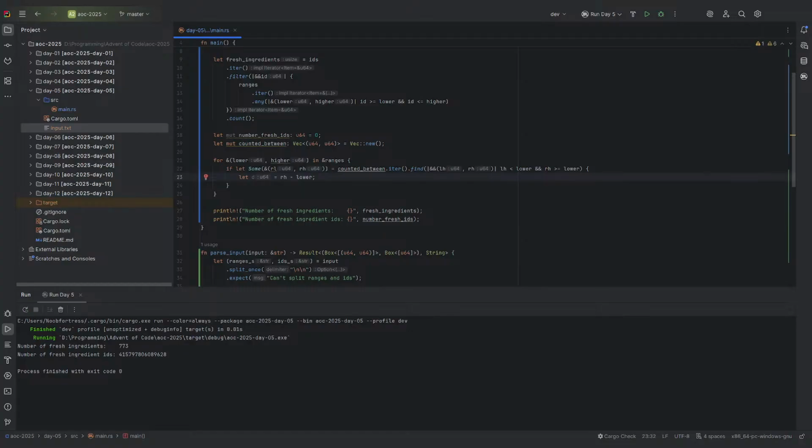If they're equal, then since inclusive I need to do +1, I think. That's the amount of overlap.